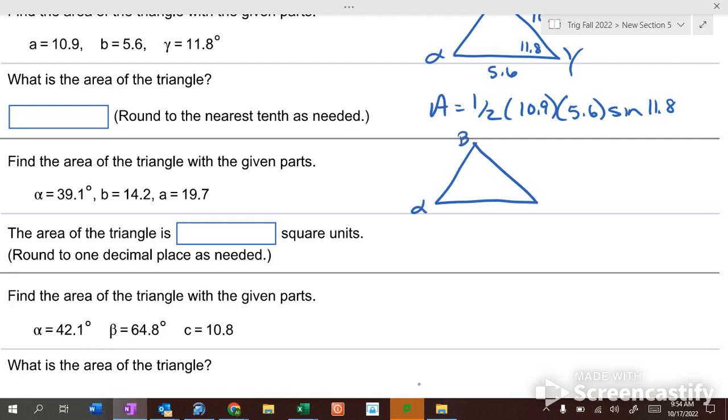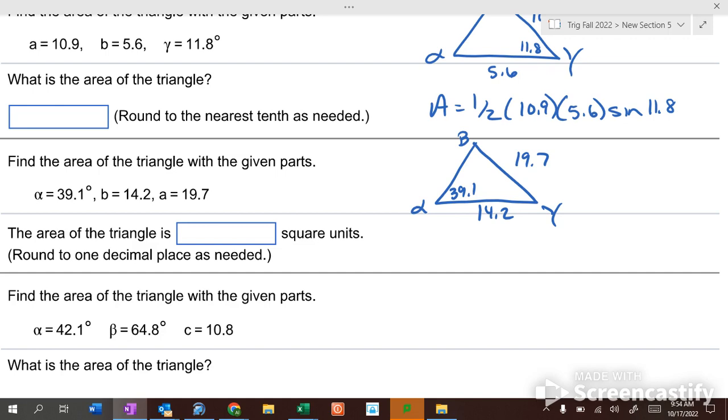Alpha, beta, gamma. B is 14.2, A is 19.7, and alpha is 39.1. What's the problem with this? What do we need to know that we don't know?